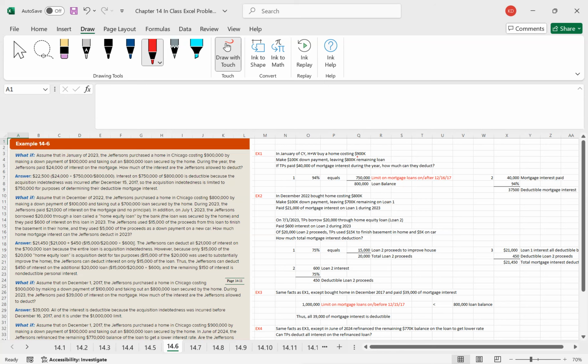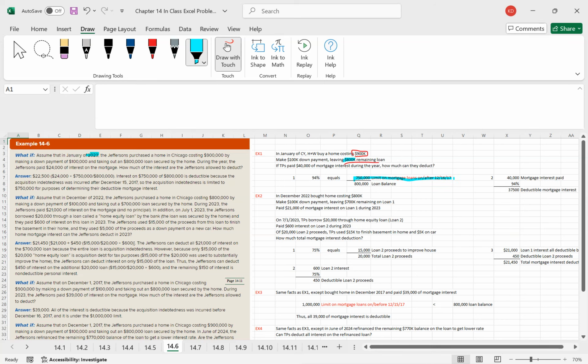In this case, they buy a home for $900,000. They make a $100,000 down payment. So hey, our remaining loan balance is $800,000. If we bought this in 2023, the balance that we paid interest on was 800,000.